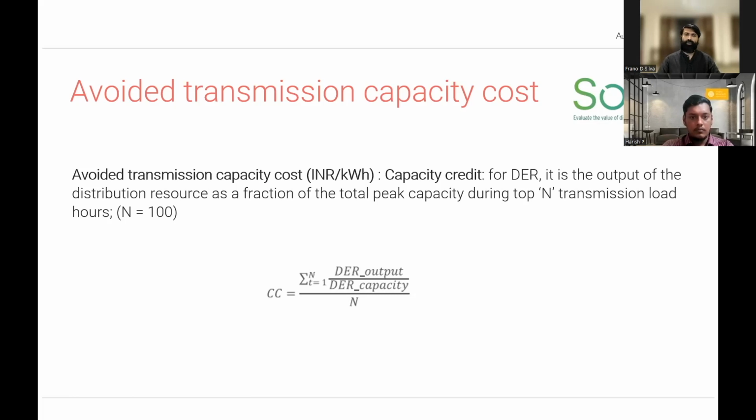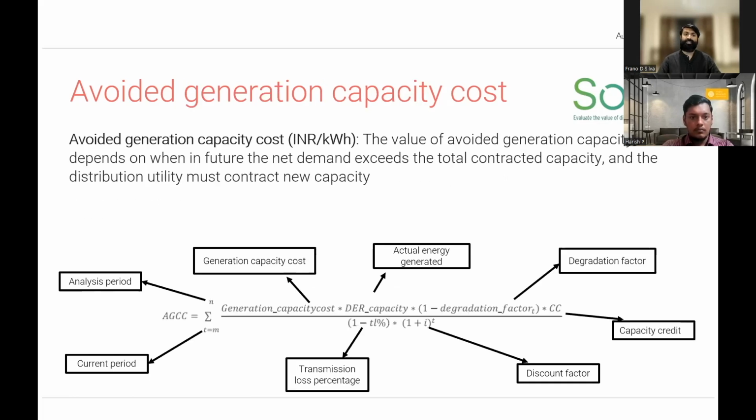Further, to determine the avoided generation capacity cost, in case we avoid contracting capacity from the transmission line for the installed capacity of distributed resource on the distribution network, that would also mean that we would not have to contract capacity from the generation or the thermal plant that usually supplies us electricity.